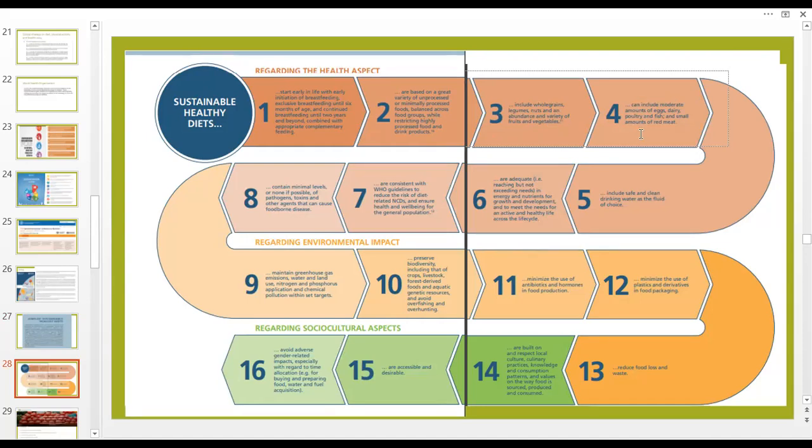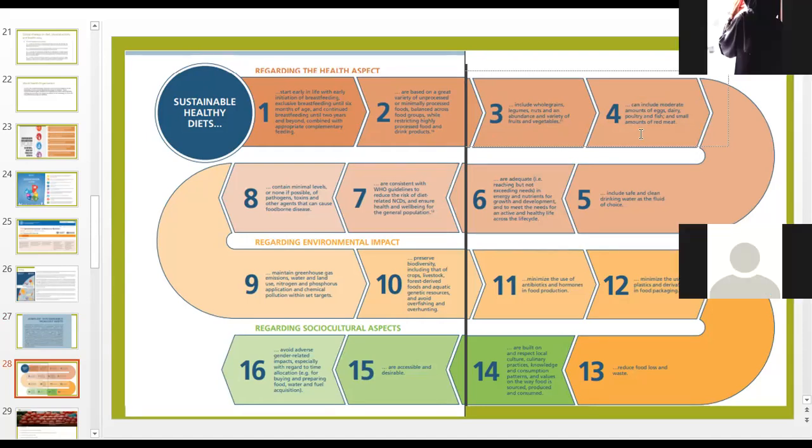It can include a moderate amount of eggs, dairy, and other substances. Include safe and clean drinking water as the fluid of choice. So safe drinking water is also part of sustainable healthy diets.